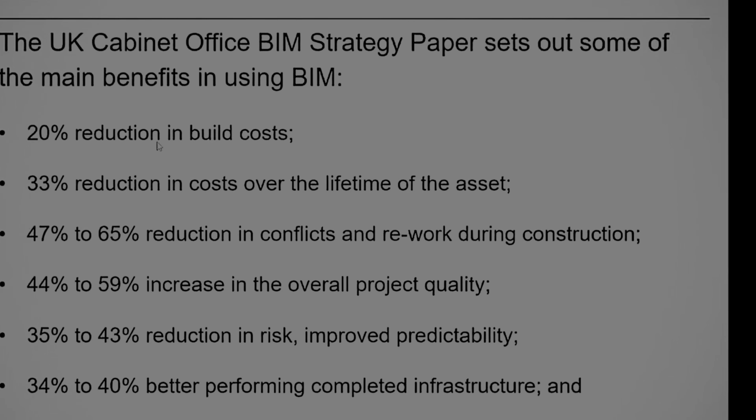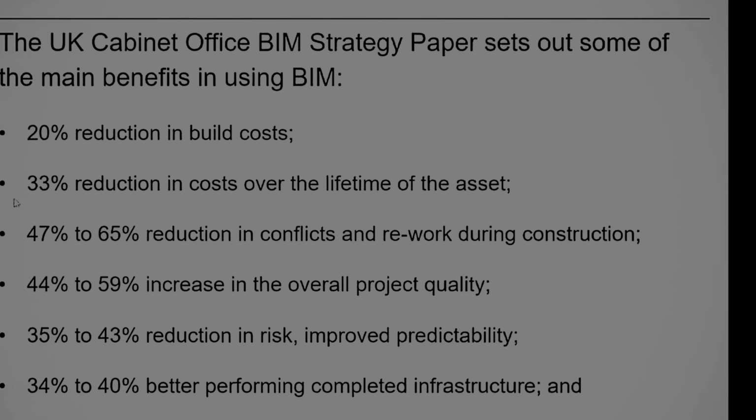So they have listed that if you implement BIM properly in a project, you can reduce the building cost by approximately 20%. So how can you do it? Because you will exactly know what all problems will happen. You will resolve all those issues. You will save a lot of time. If you save a lot of time, you are saving a lot of money. So you will be reducing 20% of building cost.